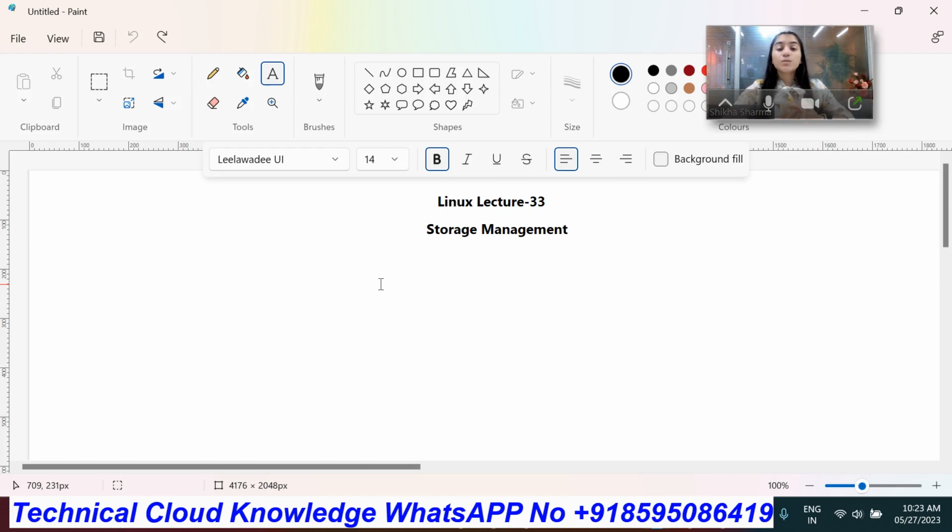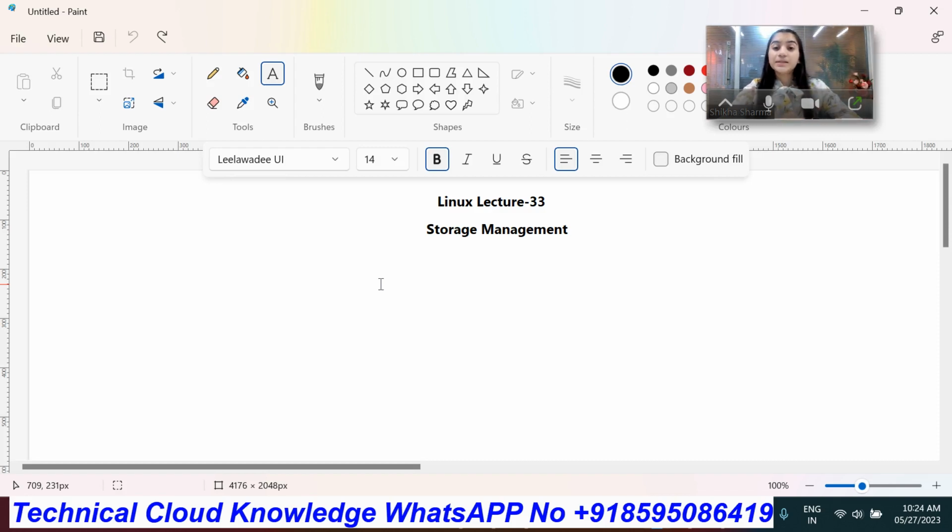As you all know, some data storage resources are USB pen drives, SSDs, etc. All of these are storage resources which store the data, and to check and improve their performance, storage management is used. So the basic use case of storage management is to improve the performance of storage-related resources.